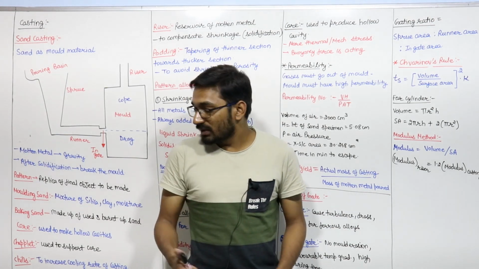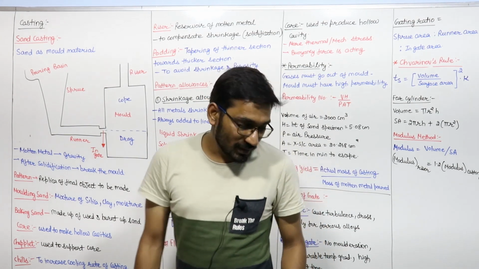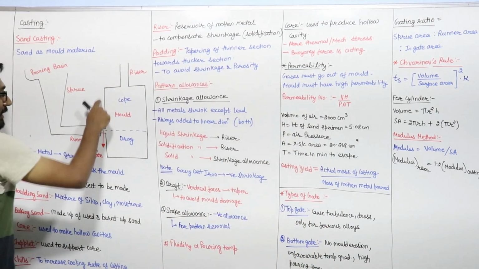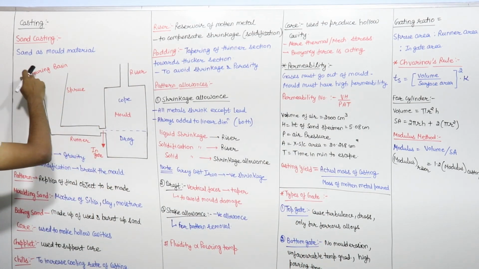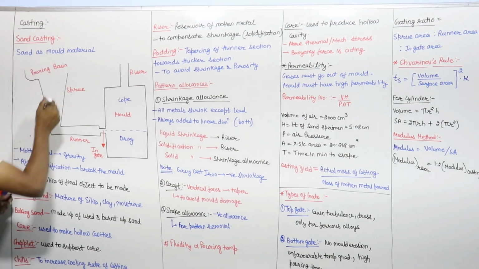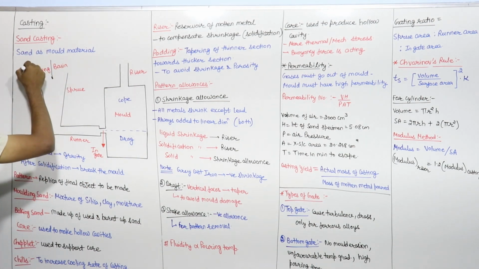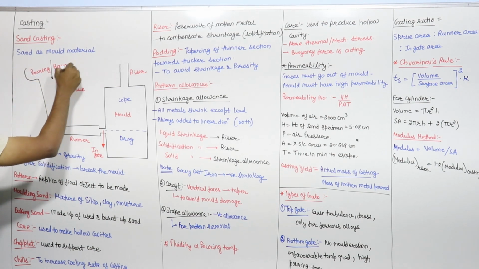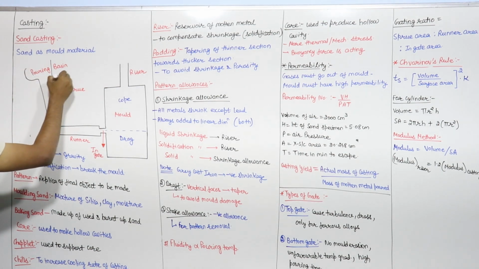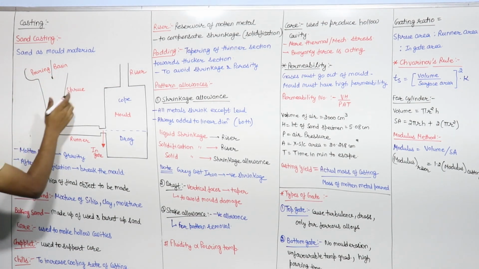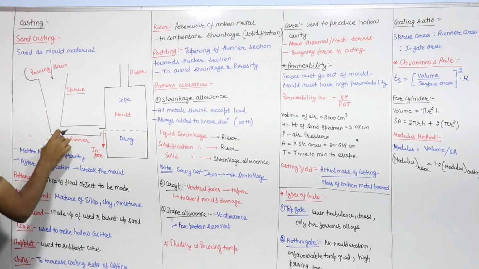In this case, suppose this is a mold cavity, and from here the molten metal is coming. This funnel-shaped object is known as the pouring basin, and this is known as the sprue, which is tapered.